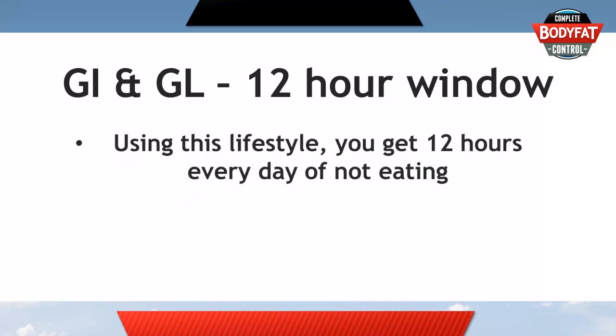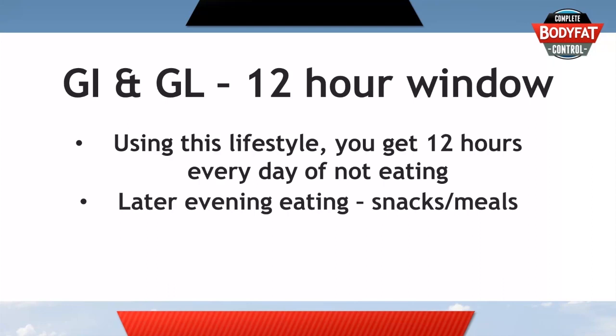What I've found through coaching people is that, as people start modifying and customizing their lifestyle, one of the things that tends to slip is that later evening eating. And as those later evening meals or even snacks start to creep into someone's habits, all of a sudden, instead of 12 hours between that last meal of the day and the first meal of the next day, you might only have 10 hours. And then you might only have 8 hours.